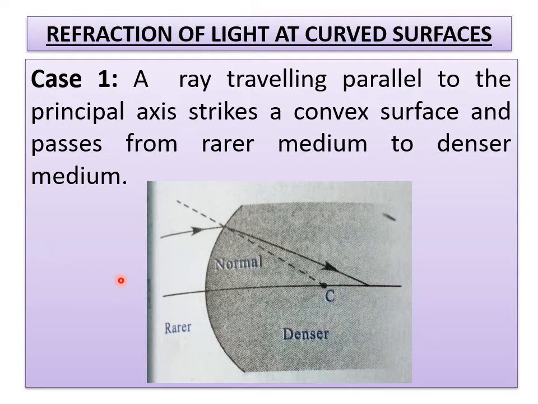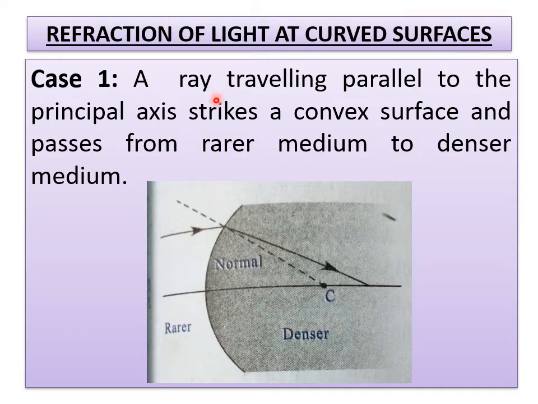So here this is your rarer medium, and this is your denser medium. I already told you this is your principal axis and this is the center of curvature point. And this principal axis is also known as a normal to that surface.